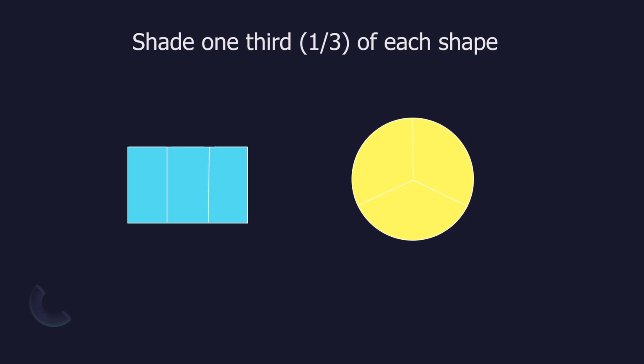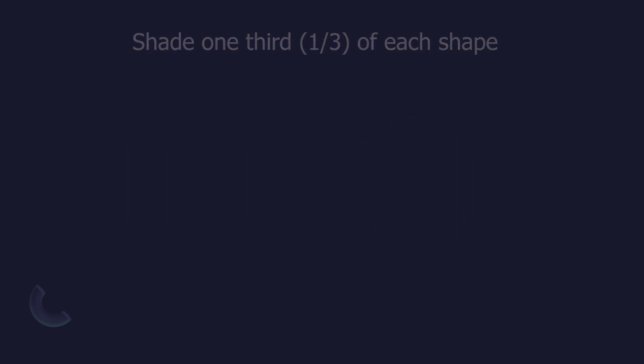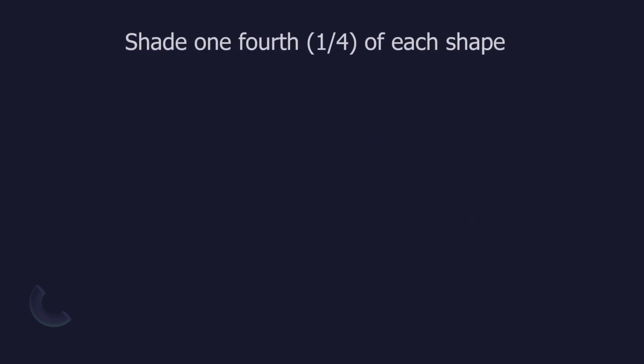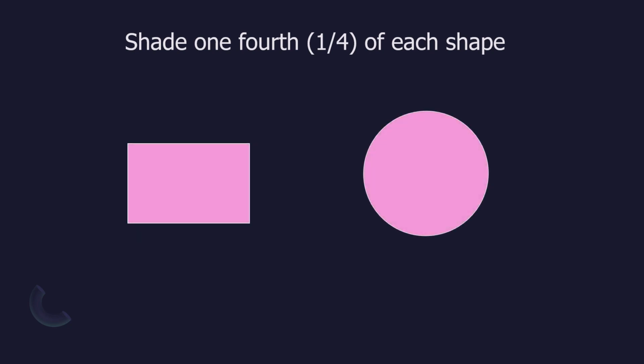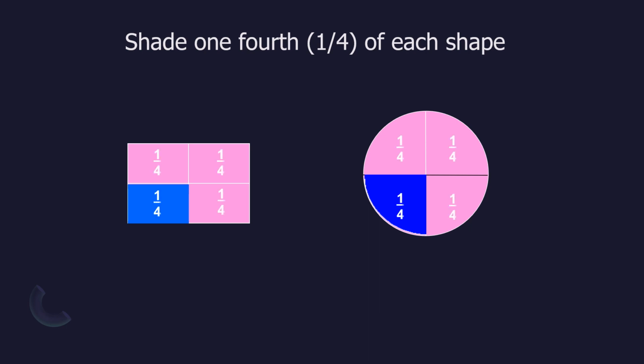Now we shade one part. So each part is 1 by 3. Shade 1/4 of each shape. So we divide this into 4 equal parts. Shade one part. So each part is 1 by 4.